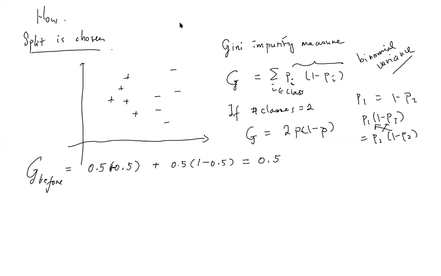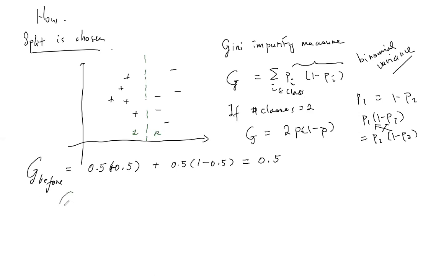Now suppose you make a split. The obvious split is somewhere around here. Then this part will be the left part and this will be the right part.